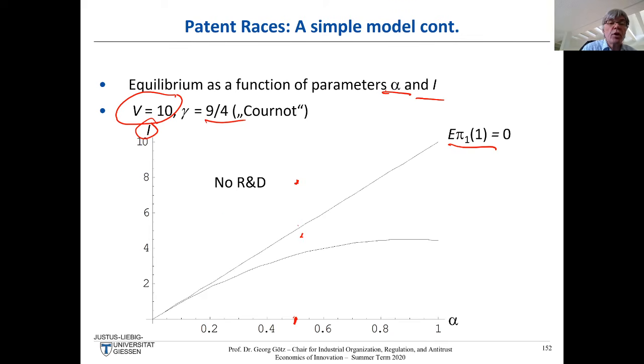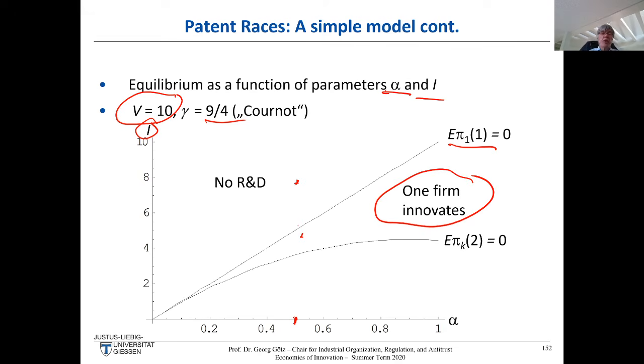If I is lower, you would invest in R&D. That's why you get here that one firm innovates in this range. Here you have the locus where two firms just break even. Of course, below this locus, two firms innovate, and above one firm innovates. So what you see clearly is for a given alpha, if you increase R&D investment cost, the number of firms investing in R&D decreases.